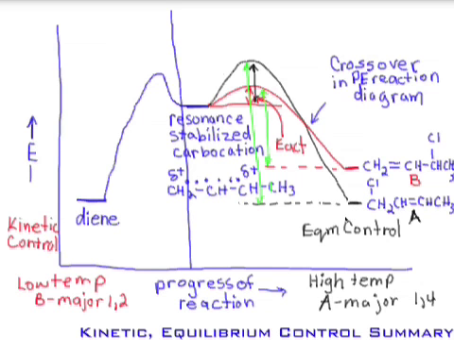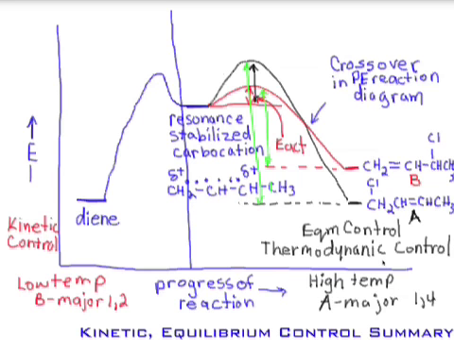So this is called equilibrium control. It is also sometimes called, because A is the more stable, and that is according to delta H, and delta H is a thermodynamic value, thermodynamic control. So you can call it equilibrium control or thermodynamic control. Now this happens at higher temperatures and the 1,4 product becomes major.